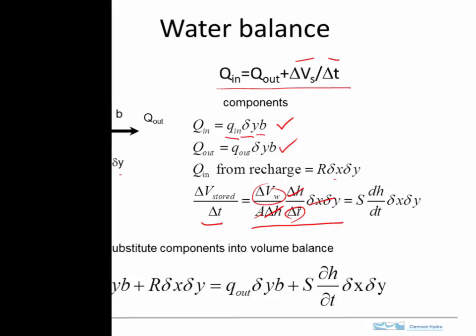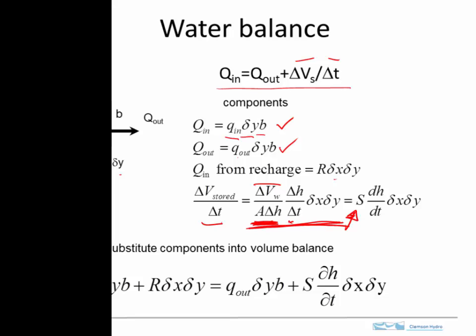So the units look good. I've written this in a special way, because this term says the change in the volume stored per area per change in head. We recognize that as the storativity. So that term there is that term there.